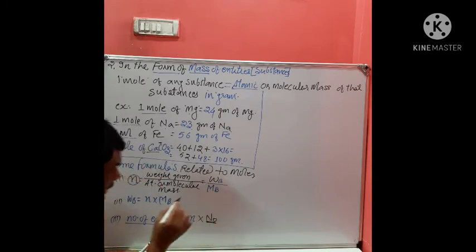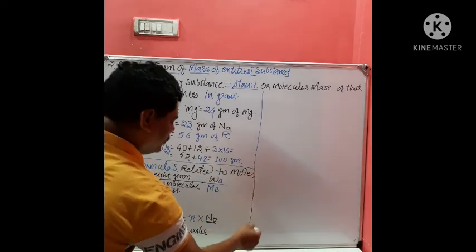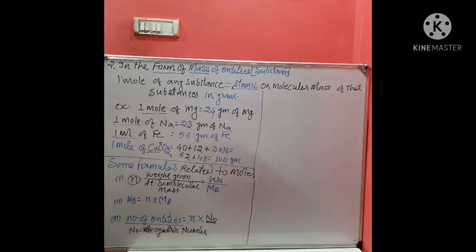N0 is denoted by Avogadro's number. And this number of entities is denoted by N. So these are the 3 basic formulas to which you can correlate any of the 2 forms.